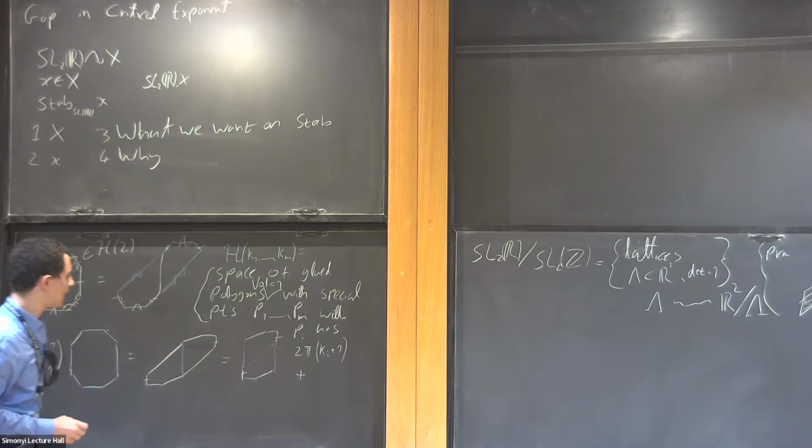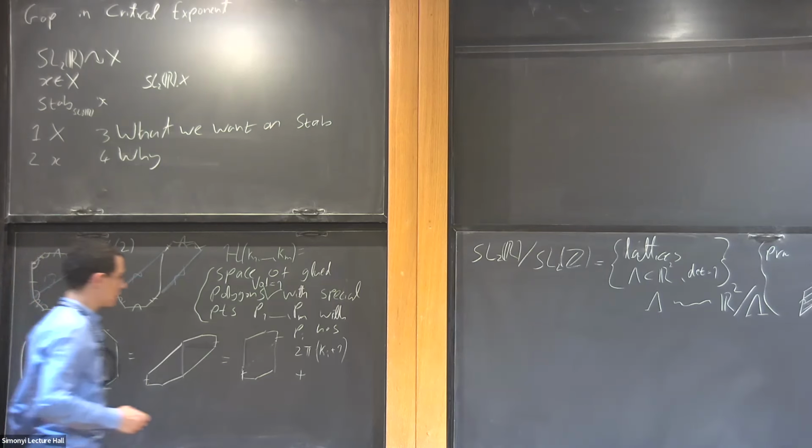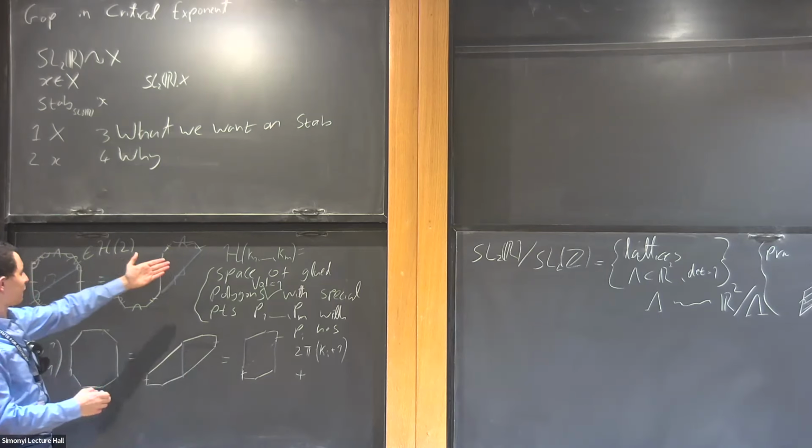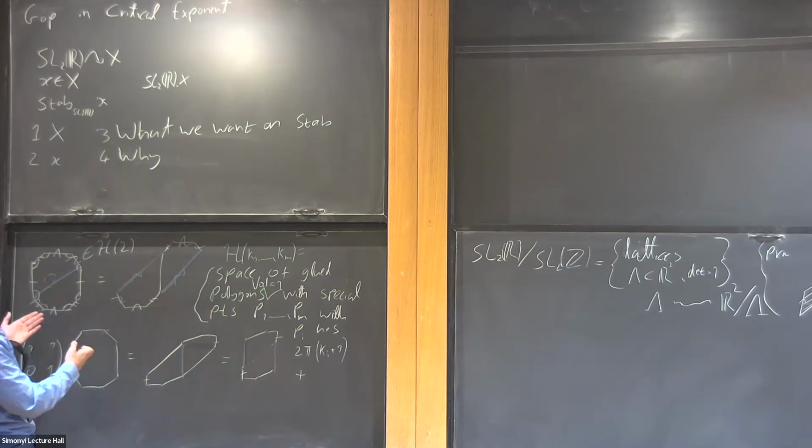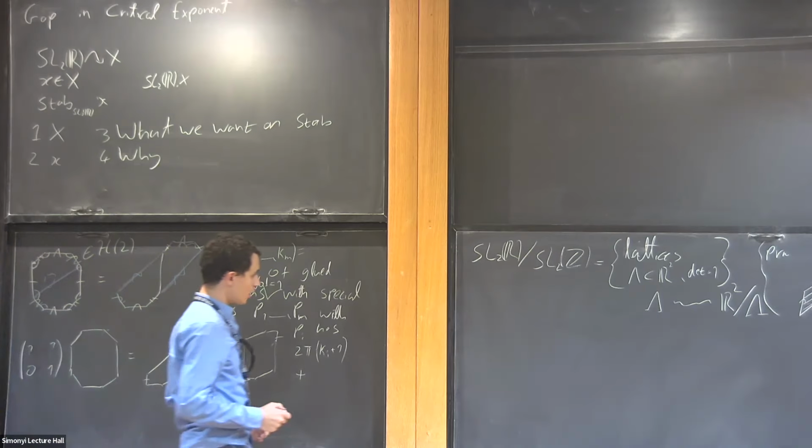Okay, so we have the space of flat surfaces. This is called the space of flat surfaces because they are surfaces that are flat. Okay.